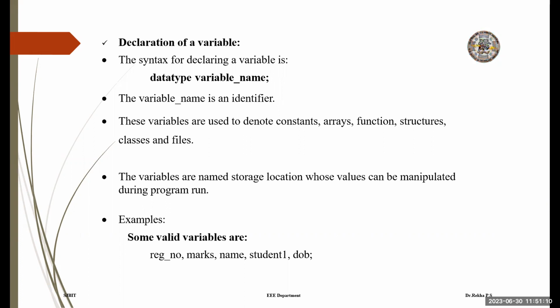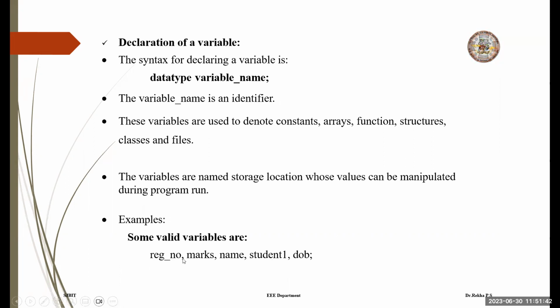Let us discuss some examples. Valid examples are register number, marks, name, student one name, date of birth. These are valid variable names. You can write int A, int B, int C, but instead of A, B, C, the identifier should be named properly so that it is self-explanatory and gives a meaningful name.